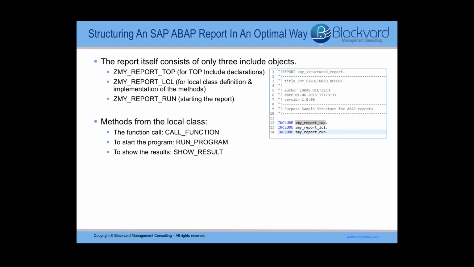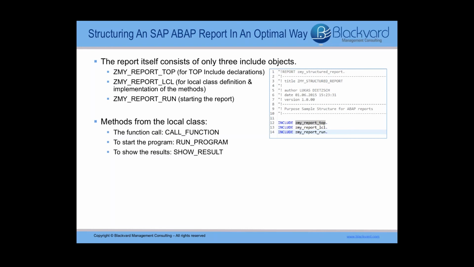We name them, for example, set my report top for the top include declarations. We can use set my report LCL for local class definitions and implementation of the class methods. And we use the set my run report to start the report. That's just the structure of the report.